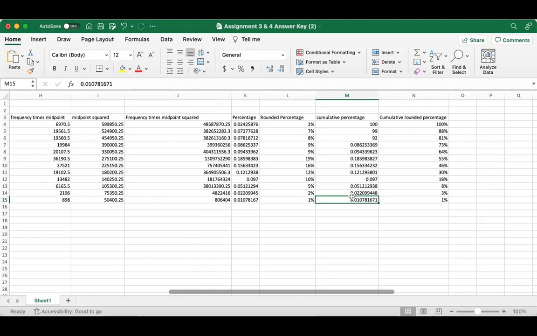Take all the numbers like that, you go file, save as, browse. I'll save it as a CSV file. We'll call it assignment 3, 4.